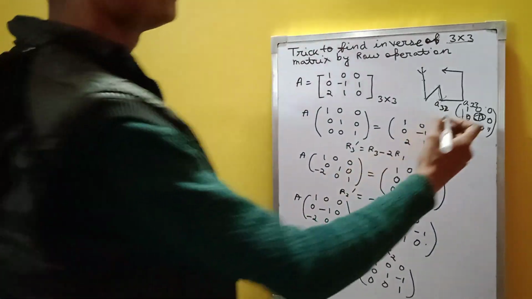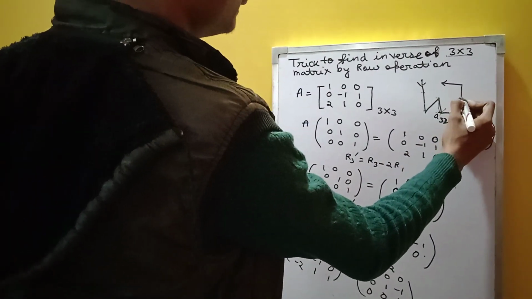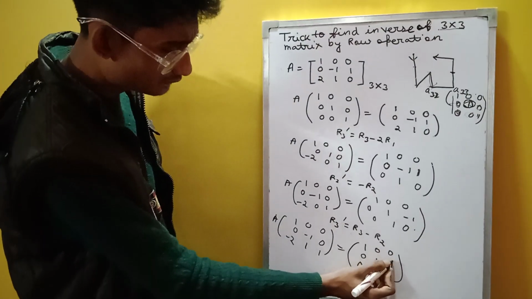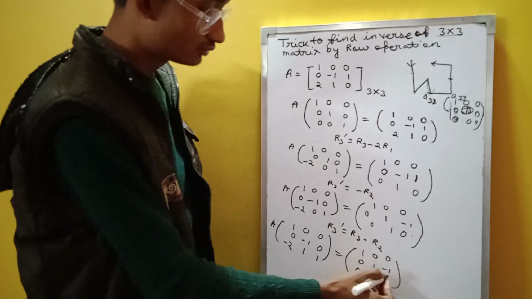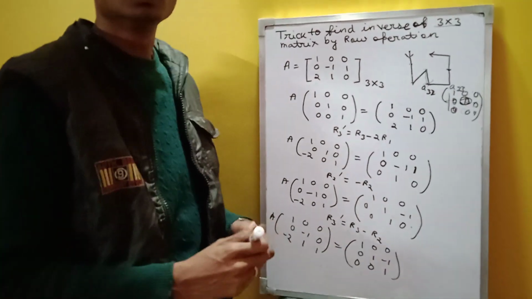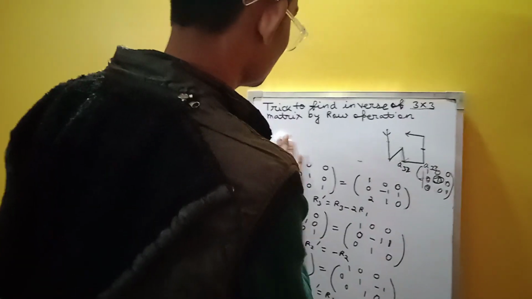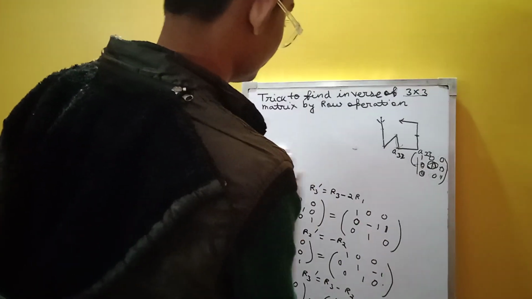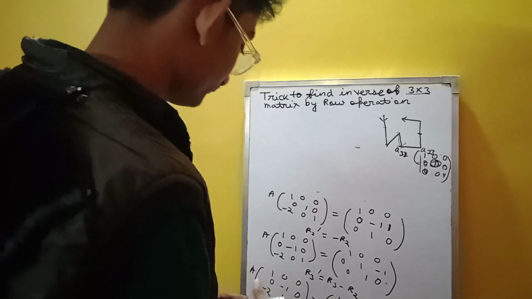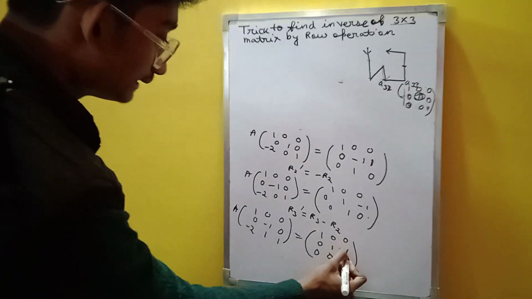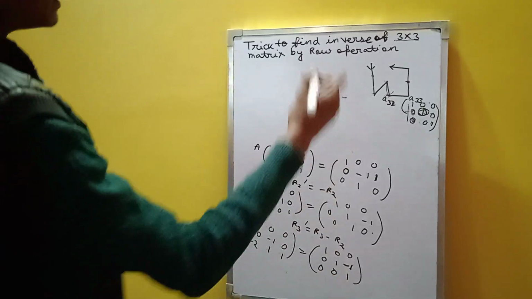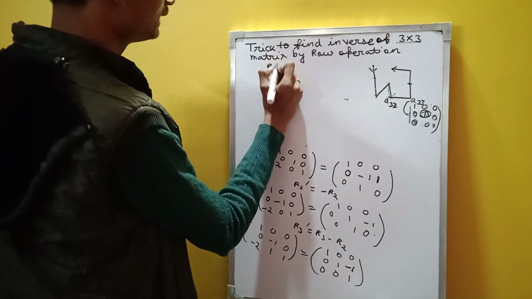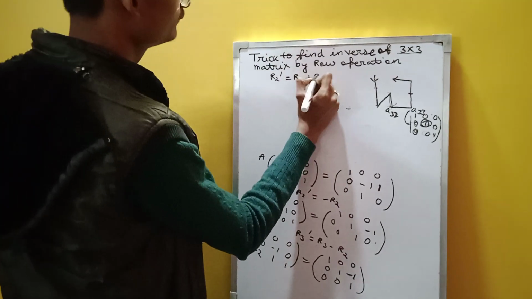Let's go further. What is this element? Negative 1. It should be made 0. How can we make this element 0? Let's remove the upper portion. This is negative 1, so if we add row 2 with row 3, then row 2 dash will be row 2 plus row 3.